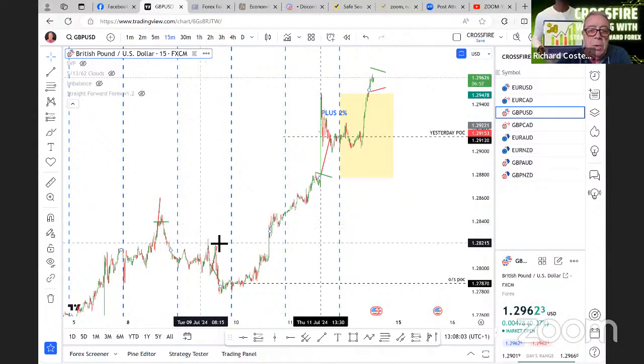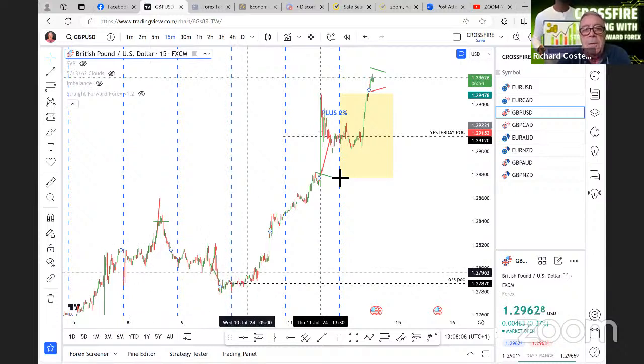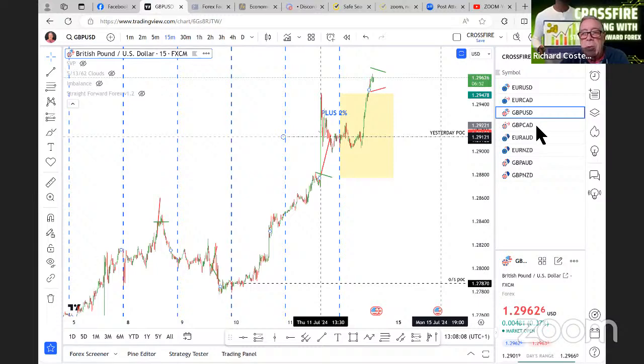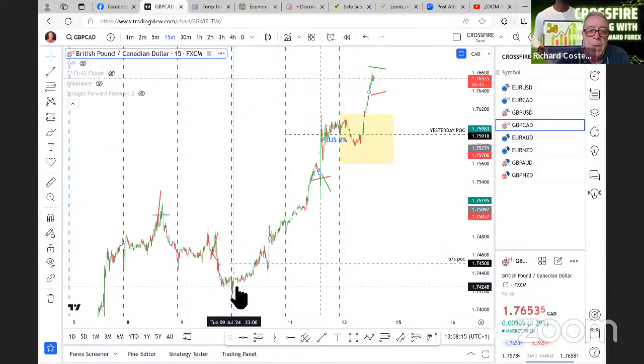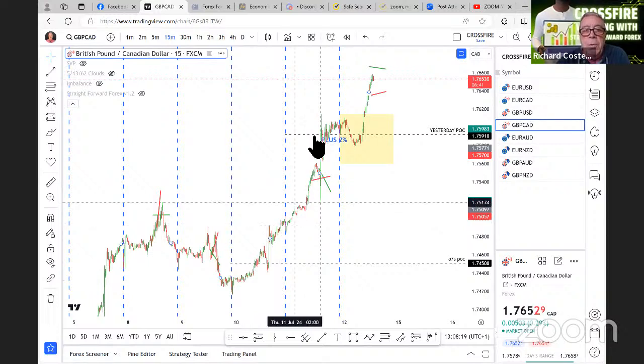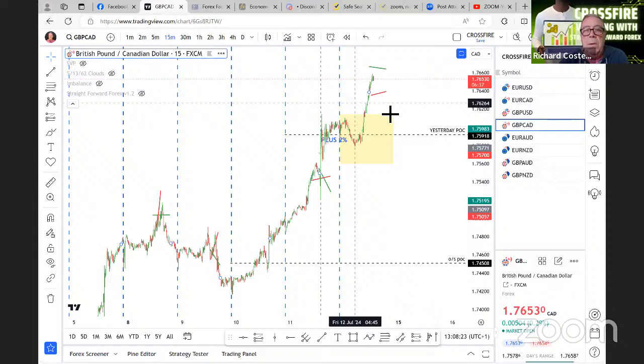Monday, Tuesday, nothing much going on. Wednesday, Thursday, Friday, a huge increase in price there. And the fourth pair I'm going to be looking at this afternoon, similar situation, big increase, started Wednesday morning, continued Thursday, went up to that point and has surpassed that point.